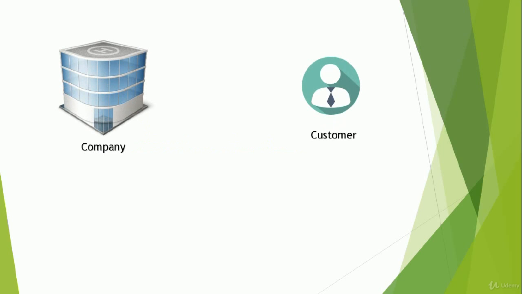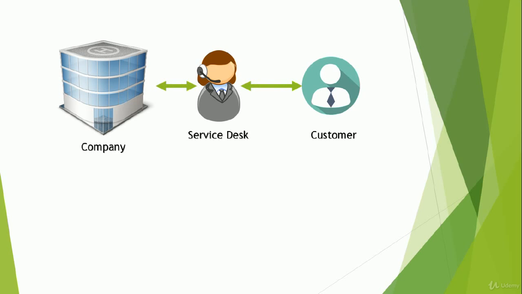Now, what the customer does is he will reach out to the service desk person or the executive, and he will inform the issue to this particular service desk person. This service desk person acts as a bridge between the company members and the customer. He will inform the company members, who will actually resolve the issue, about the customer's issue.